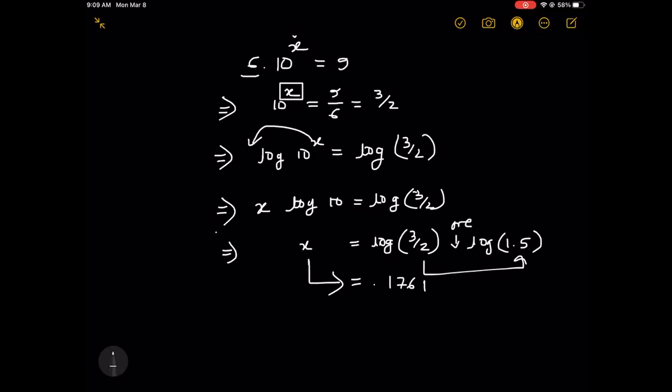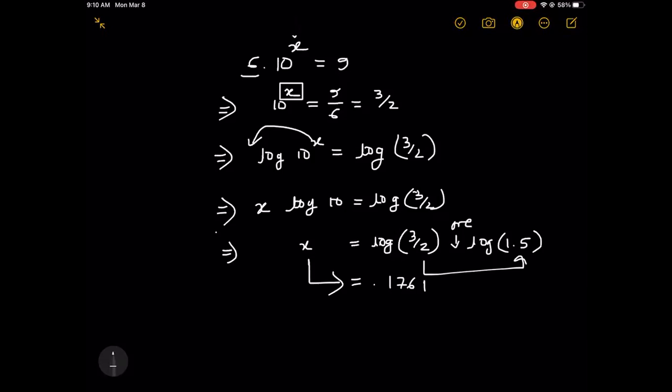If you go to page 186, they have this summary. Whatever I have discussed so far, they have actually combined and made a summary of. They say: isolate the exponential. That means on one side of the equation you need to have the unknown value, whatever it is.